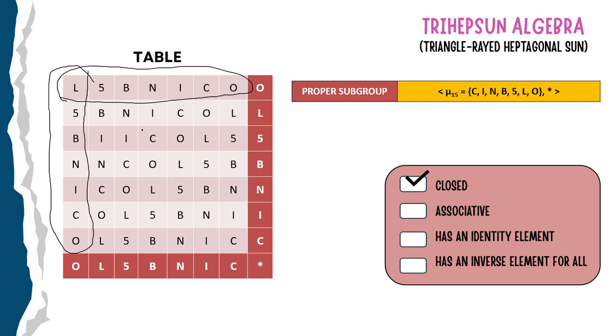So here we will interchange rows and columns in order for it to be the same as the resulting elements of the original table. First, let's interchange its columns.